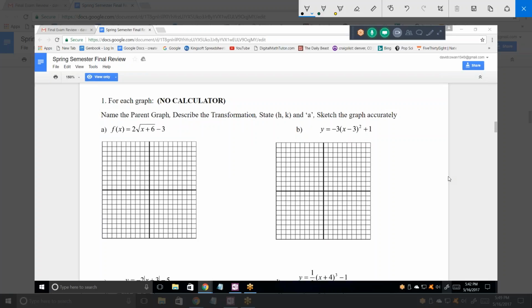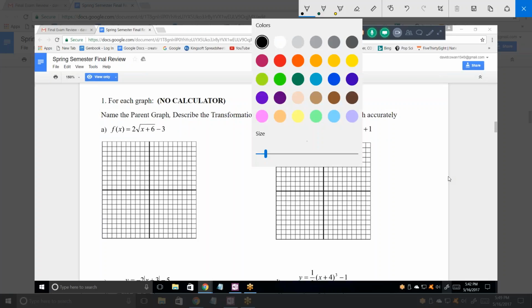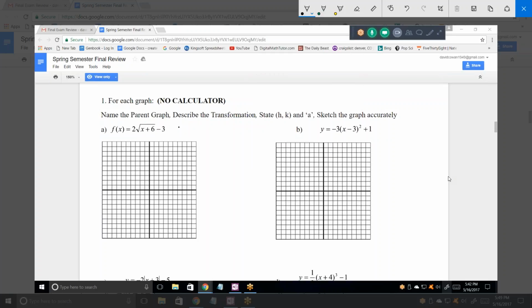What's the parent function? X squared. Which I'll draw over here. What things do we have going on? A vertical and horizontal shift.